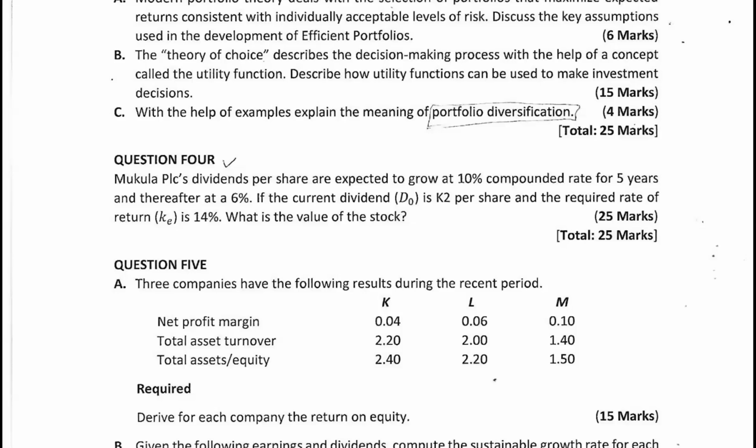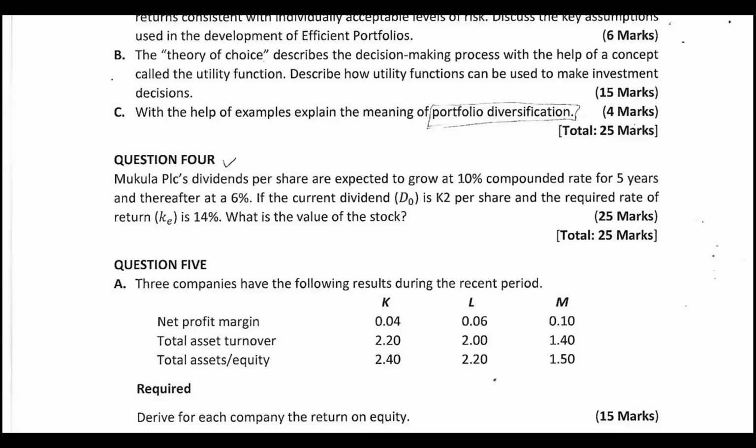To start with, remember, we just have the dividend for the current year, 2 kwacha per share. But what we want to do is to project the dividends for the following years, starting from year 1 through to year 5 and thereafter.